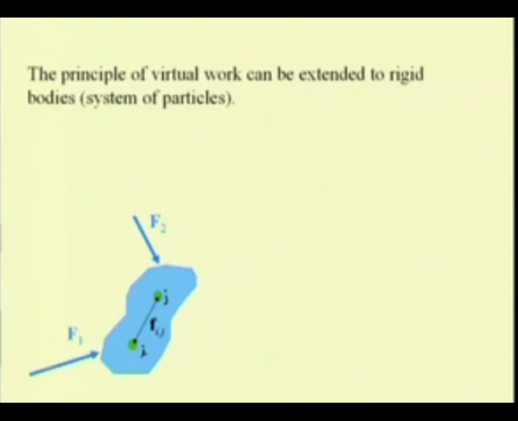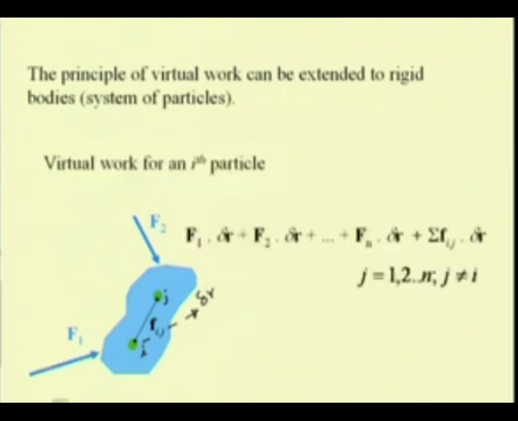So, let us say now this rigid body undergoes some virtual displacement, say delta r. Let us try to find what is the work done by these forces when this rigid body undergoes a virtual displacement.